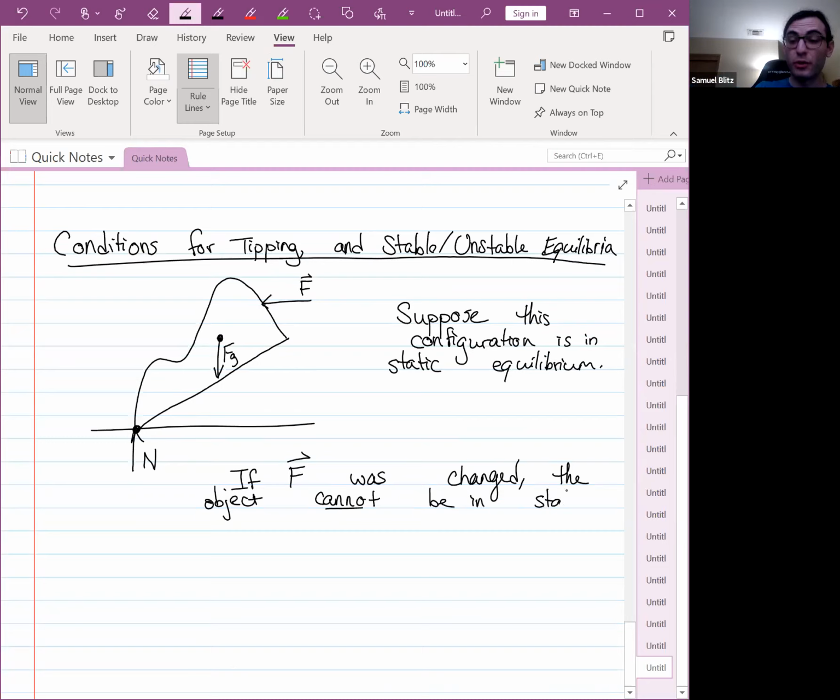Because the gravitational force can't change, it just is what it is. The normal force would have to change. It's the only thing that could change in order to compensate for the changing F.